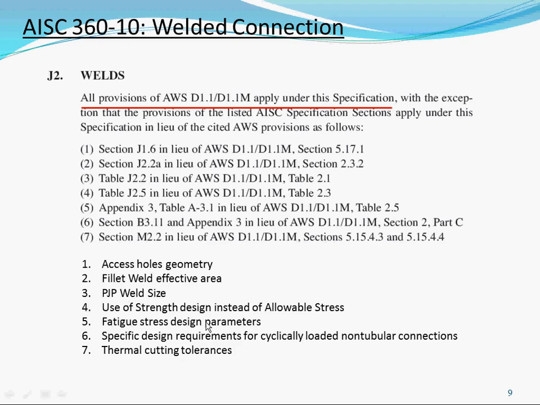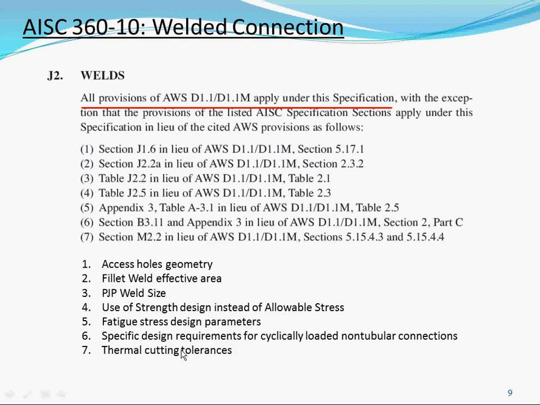Some fatigue stress design parameters are a little different, but we won't be covering any of these. This is for vibration, fatigue, or bridge design, vehicles, a lot of loading cycles, where stress fatigue is concerned. We won't be touching that. There are also some differences in design consideration for tubular structures, non-tubular structures, and cyclically loaded structures.